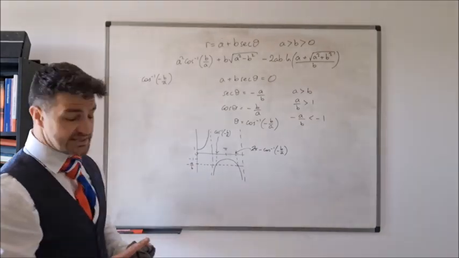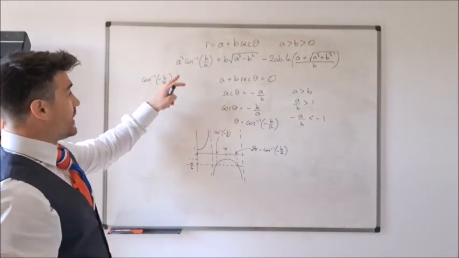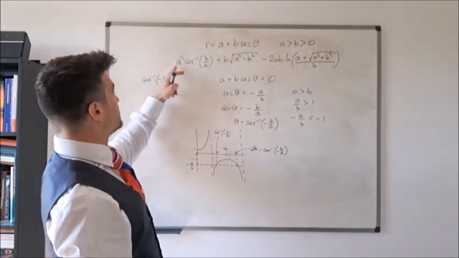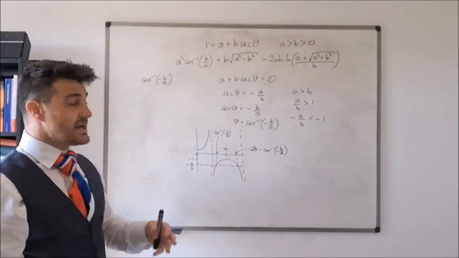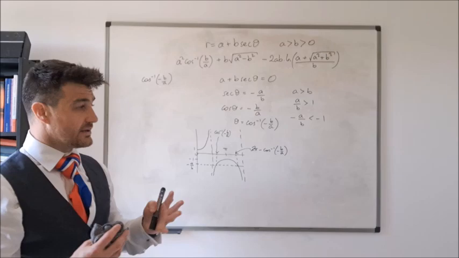Okay, so the next thing that we need to figure out is what is the area, or, well, we know what we're aiming for, but we need to find the area enclosed by that loop.